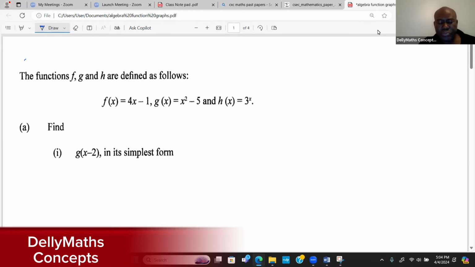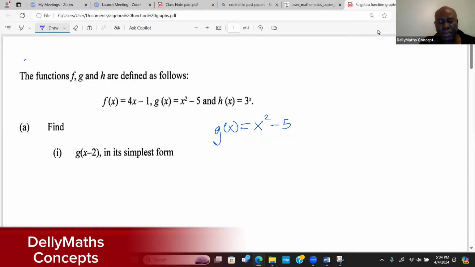All right, so if we're going to find g of x minus 2, we're going to go for the g function. So the g function says that g of x is equal to x squared minus 5.